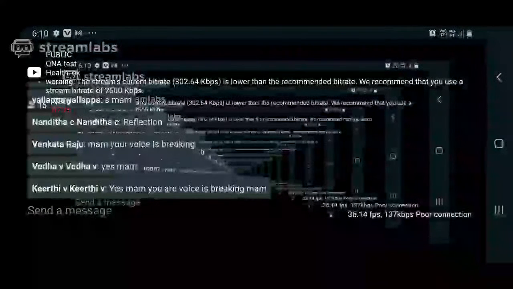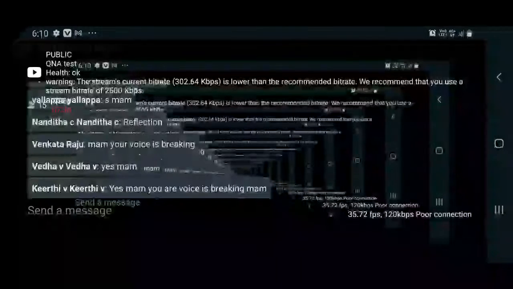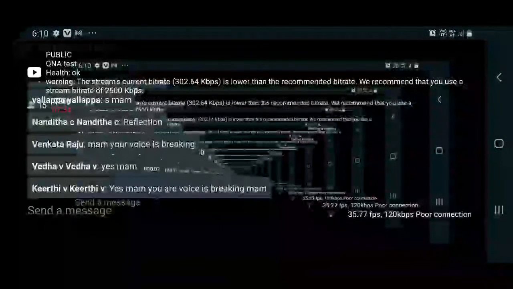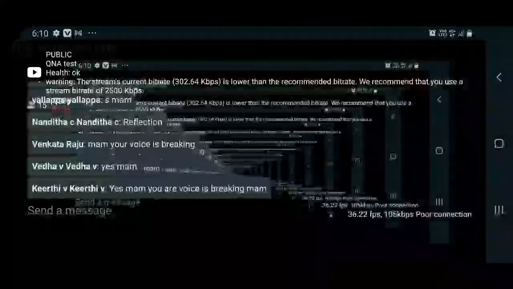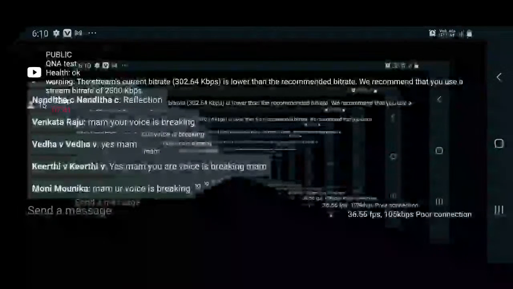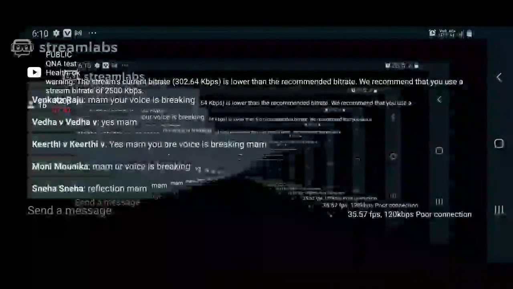I'll reveal the answer. When a ray of light hits on a curve or on a surface and bounces back, the phenomenon is called... Yes, Sneha answered perfectly. It is reflection. Very good, Sneha.